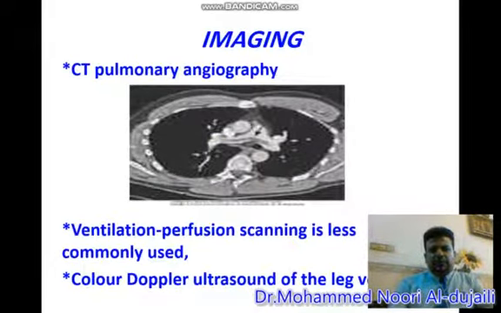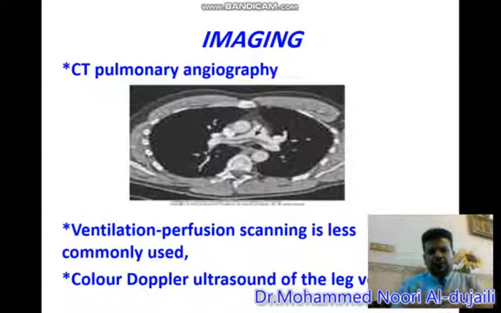In imaging, the most important is the CT pulmonary angiogram, which is the investigation of choice for the patient with pulmonary embolism. Previously, the ventilation perfusion scan was used, which consists of injection of technetium-labeled RBCs with inhalation of a gas such as krypton or xenon, and then shows the matching between the arterial blood and the alveolar air.